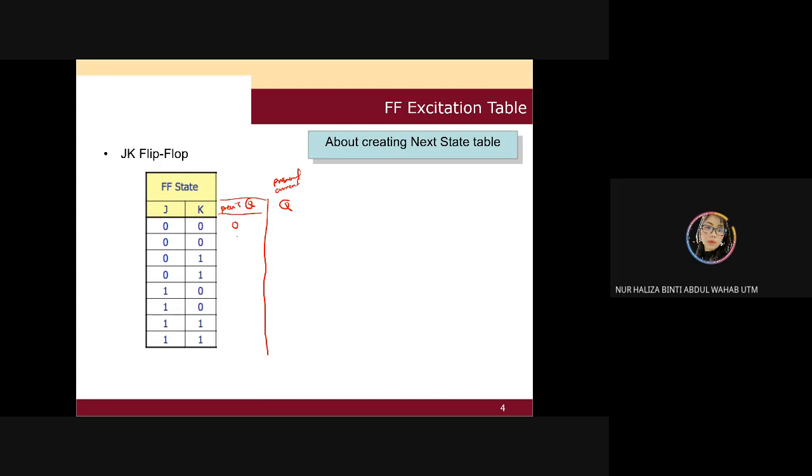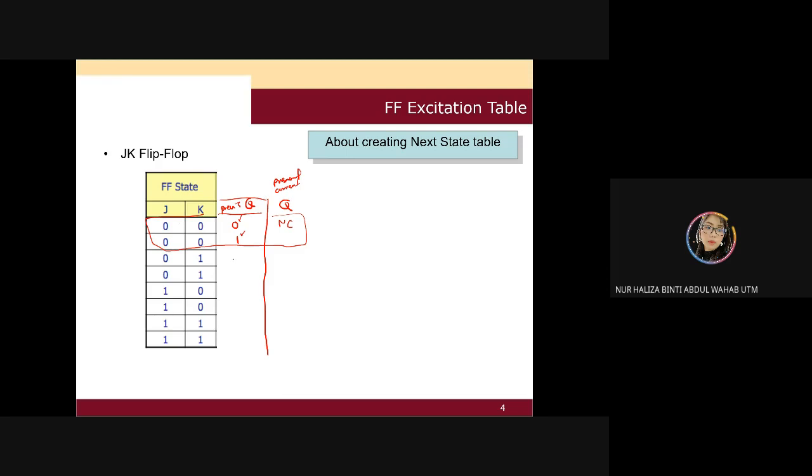If previous Q is 1, what is the output? And you already know that if it's 0 0, it's going to follow your previous output, which is no change.